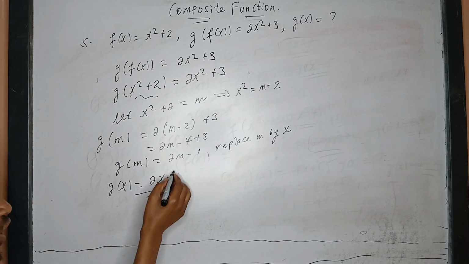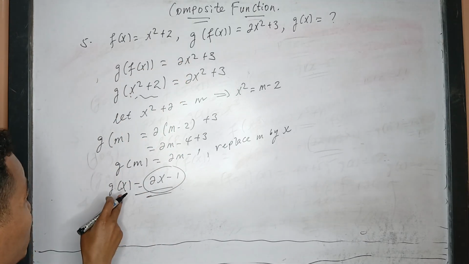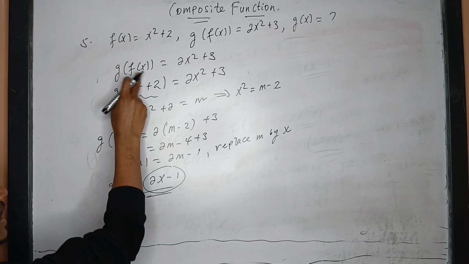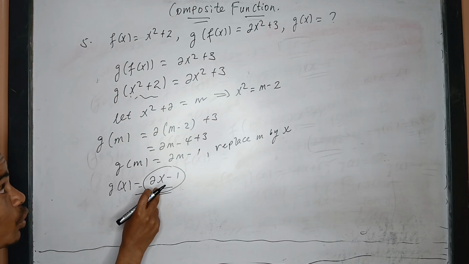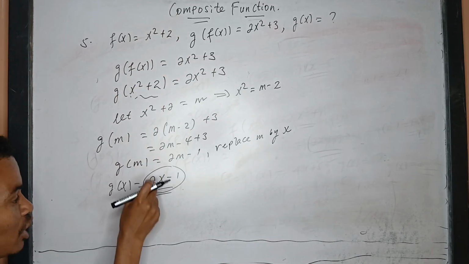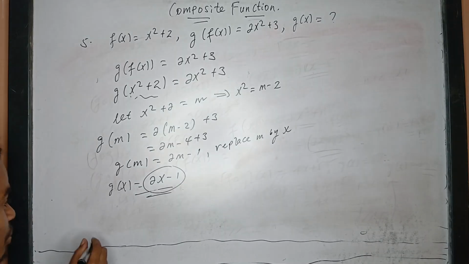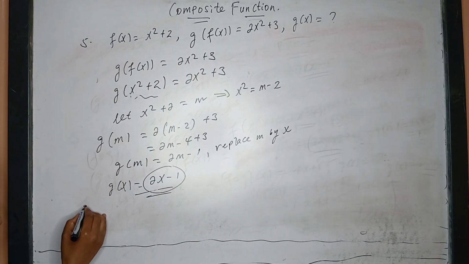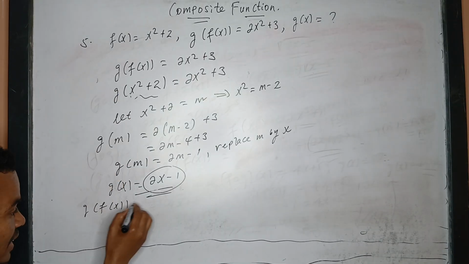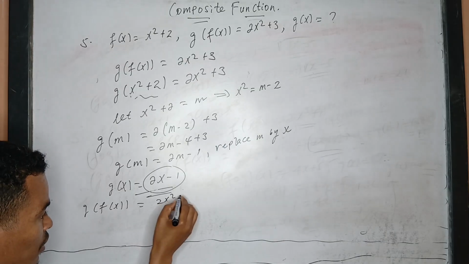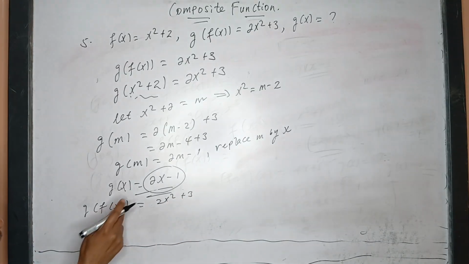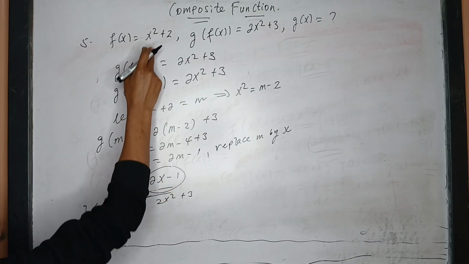Check it: g of x should come out like this. You can check it by inserting this function f of x here. It's given that g of f of x is 2x squared plus 3. g of x is 2x minus 1 and f of x is x squared plus 2.